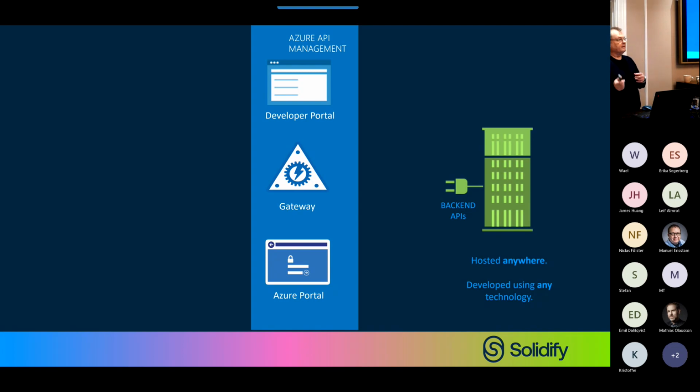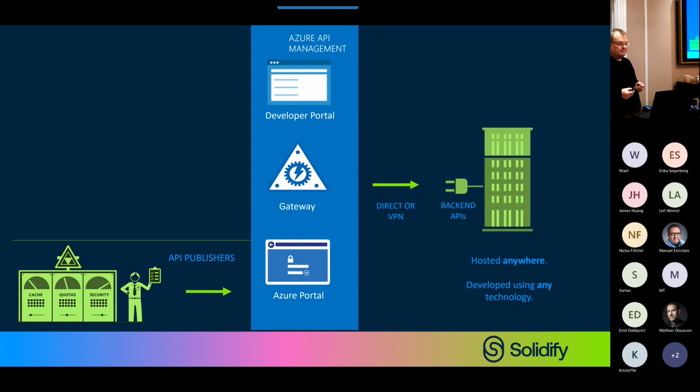And you have the developer portal, where the developers will be getting access to the APIs. And we can control, and we will see that we have different alternatives, how the traffic actually will flow through API management and to where the API is.